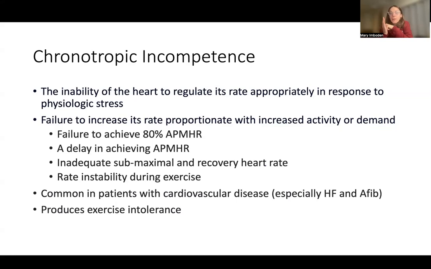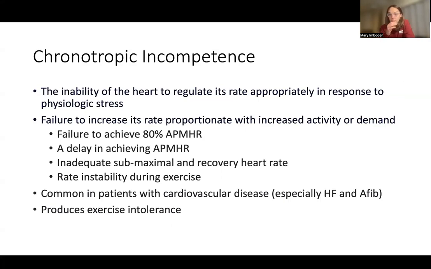And this can look like failure to achieve 80% of age-predicted max heart rate when we're not using an electrocardiogram, a delay in achieving age-predicted max heart rate, inadequate submaximal recovery heart rate, and we'll talk about recovery heart rate in a minute here. But if your heart rate is really delayed and like it's staying sort of close to rest, even though workload is increasing, so there's not that linear relationship, at a point we would call that chronotropic incompetence.